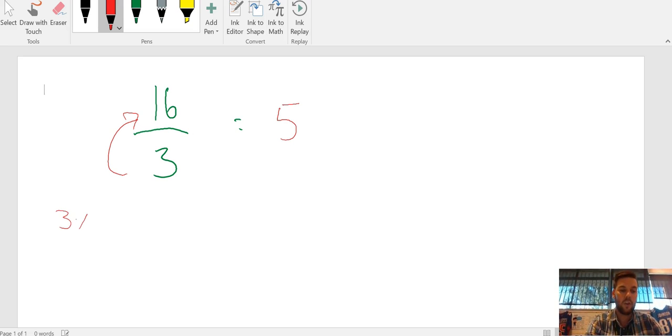With how much left over? Well, the difference between 15 and 16 is 1. So we've got 1 left over, and because we're working in thirds, that would be 1/3. So we have 5 wholes and 1/3. So that's going from an improper fraction to a mixed numeral.